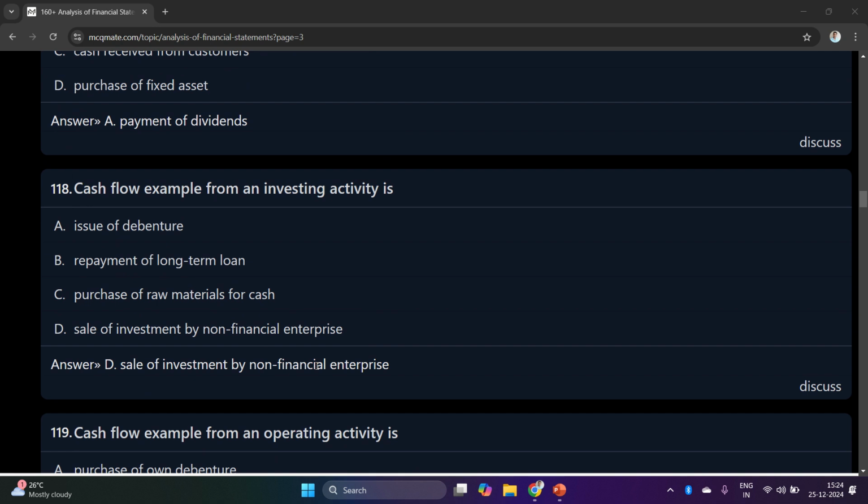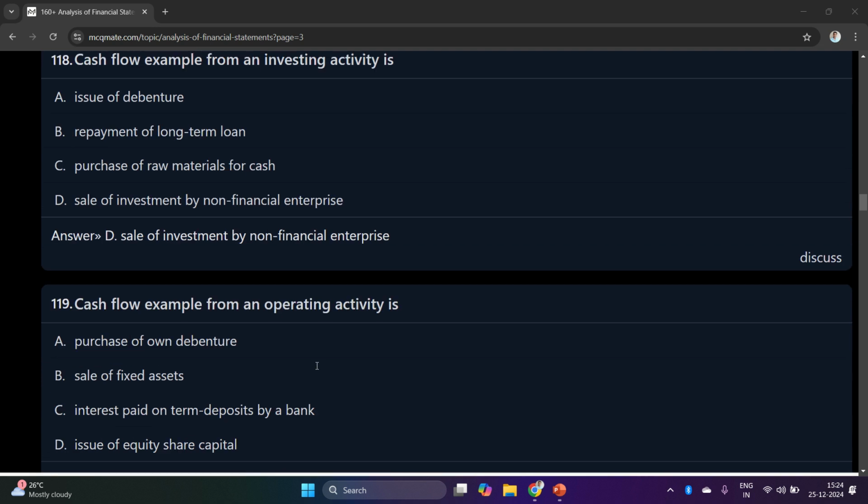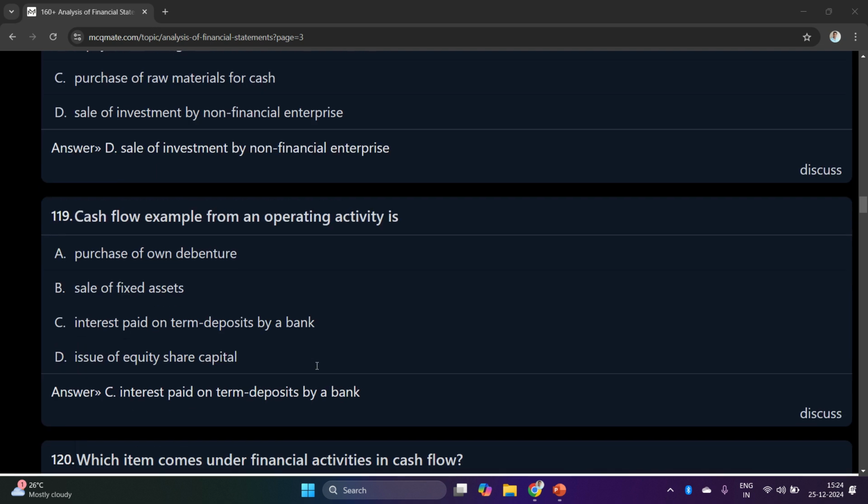Cash flow example from an investing activity: sale of investment by a non-financial enterprise. Purchase of own debentures is financing, sale of fixed assets is investing. But the question asked about operating activity: interest paid on term deposits by a bank. Issue of equity share capital is financing.